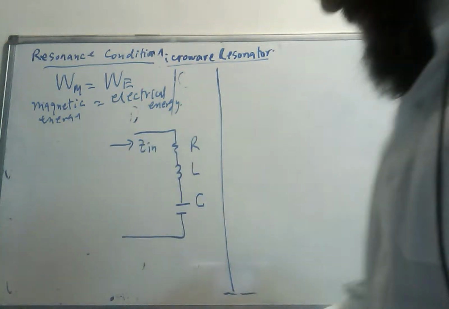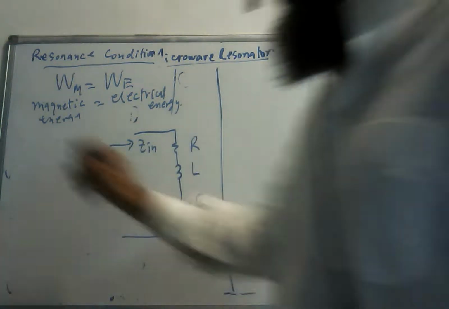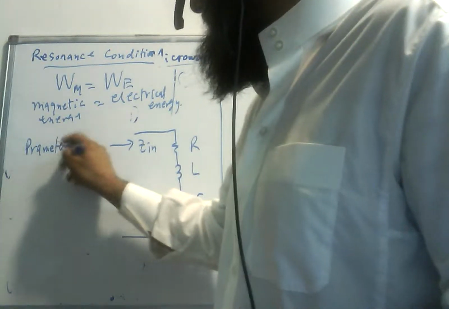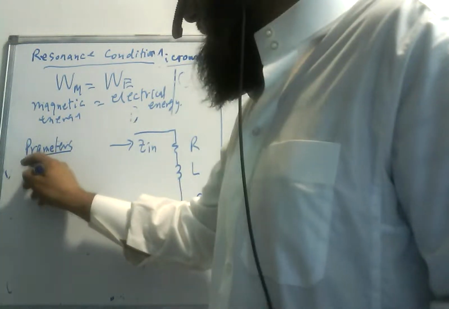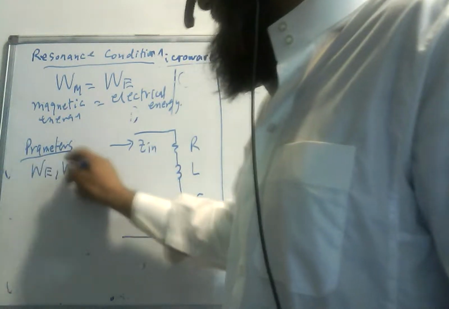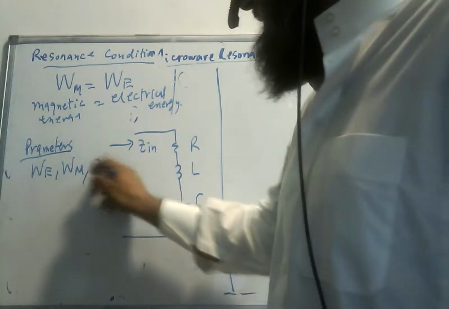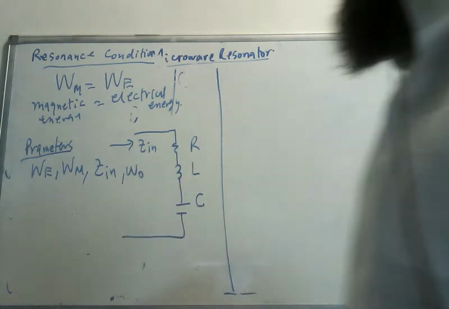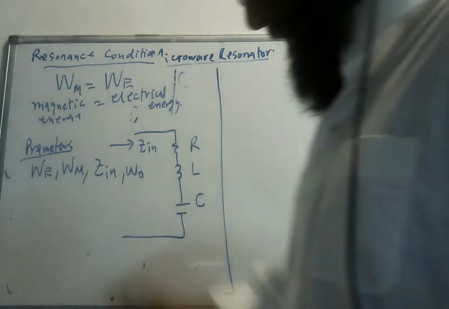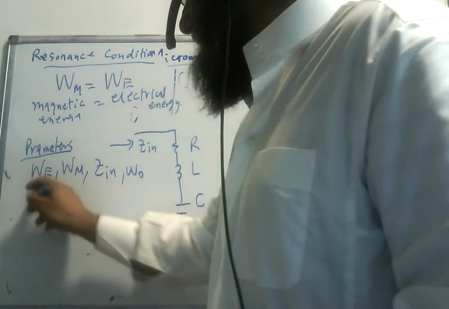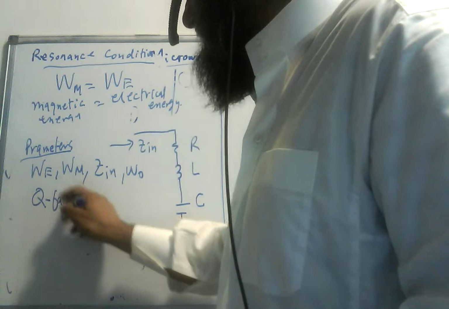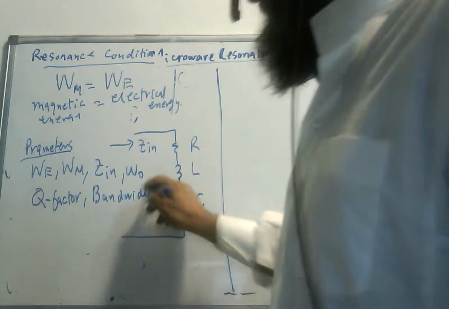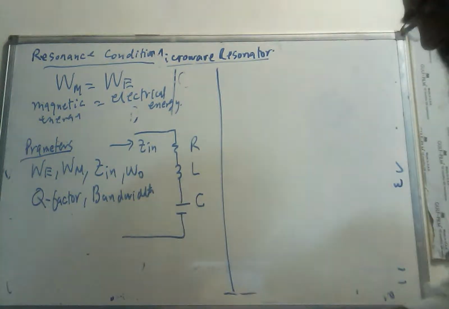What I will do here is calculate the parameters which I need to define: the W_E, W_M, input impedance, the resonance frequency, which is the point of resonance in frequency, and another very important parameter which is called the Q factor, the quality factor, and the bandwidth. These are the very important parameters of a resonator, and we will define all these parameters.